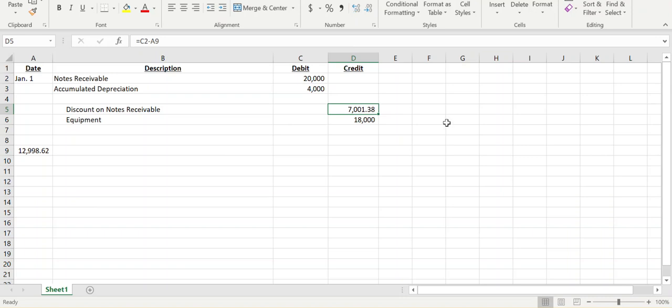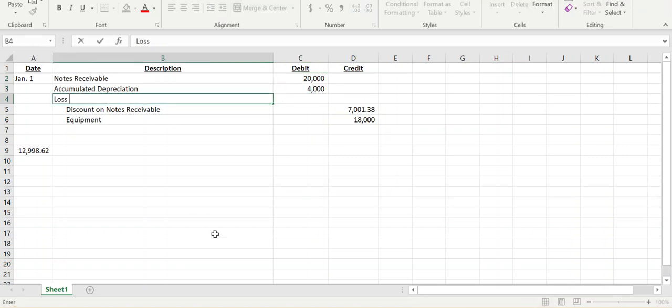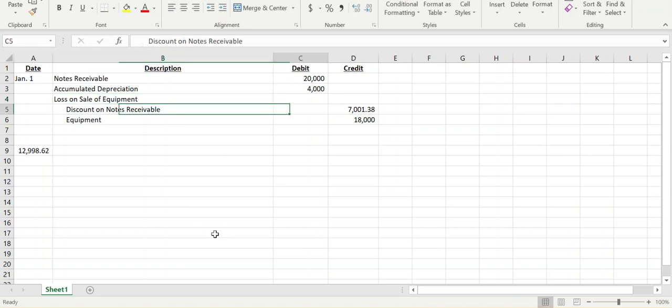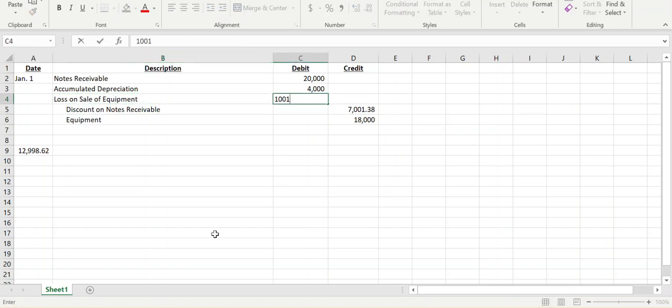When we look at what we have between our discount and our equipment, which is $25,001.38, and what we have as our notes receivable offset by our accumulated depreciation of $4,000, we actually have a loss on the sale of our equipment for the difference, which is $1,001.38.